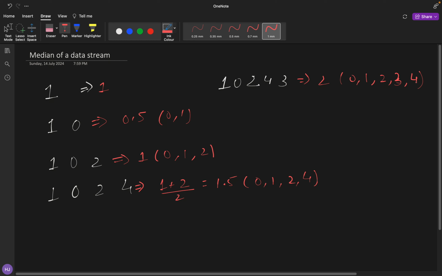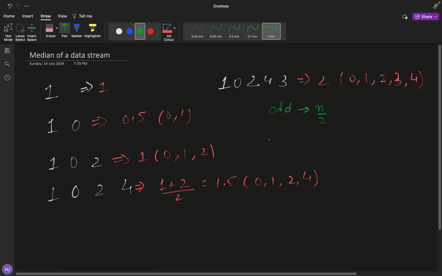I think everyone must know the way in which we calculate the median. Suppose I have an odd number of numbers in my list, then my median is at the n by 2th position.